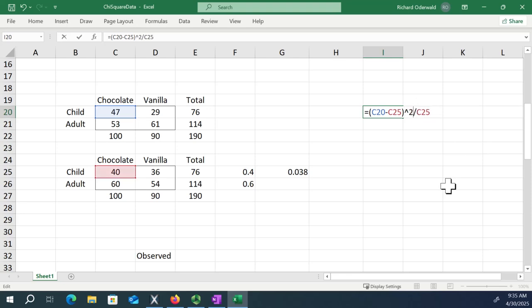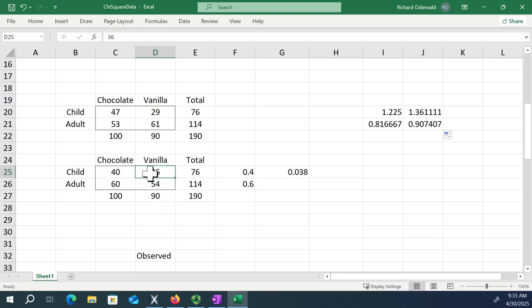Raised to the 2. I forgot the 2. So this is 47 minus 40 squared divided by 40. And if I copy that calculation for each cell, all of them are observed minus expected divided by expected.